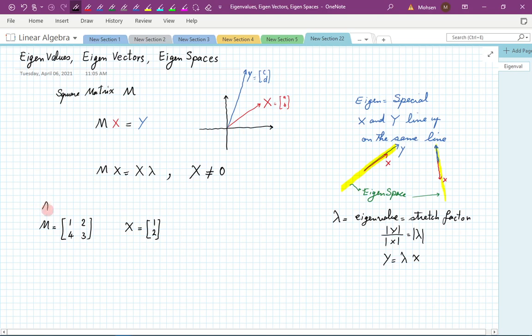So assume an eigenvector x of a matrix M is given, and what we want to find is the corresponding eigenvalue.